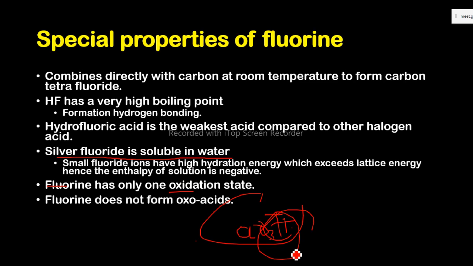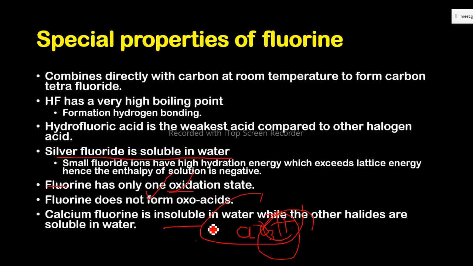Why? Because it is a highly oxidizing agent, it cannot do this. That's why it even has only one oxidation state. The electrons on fluorine are strongly bound and cannot be easily donated, and so as a result, you have just one oxidation state.